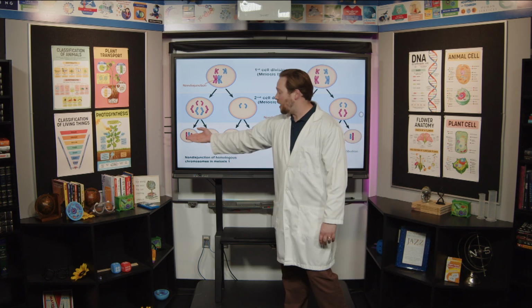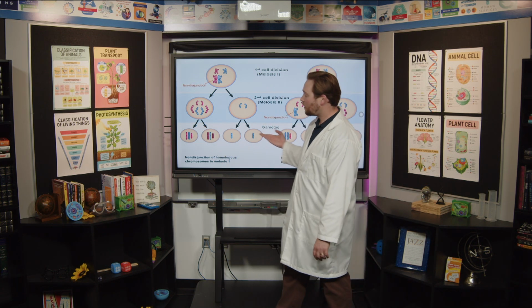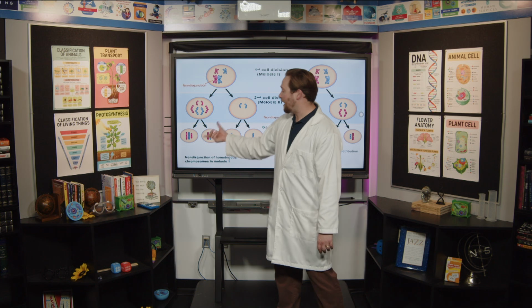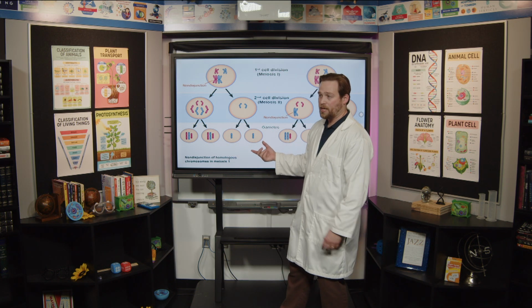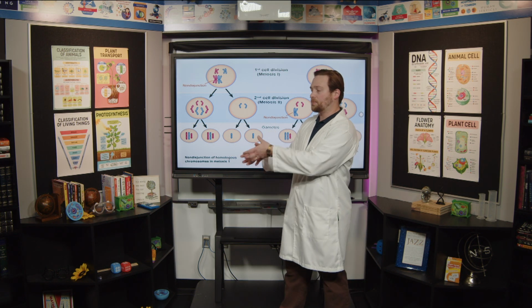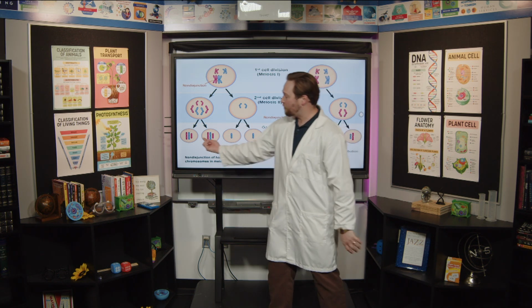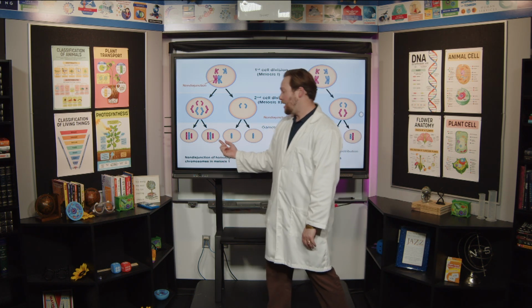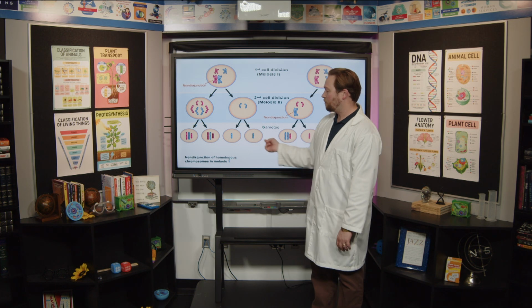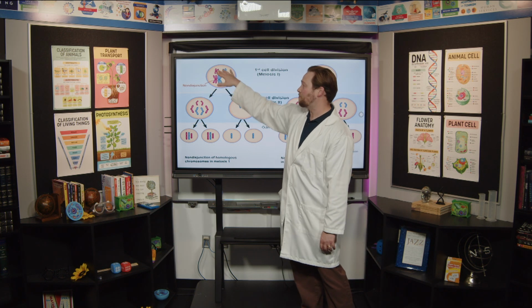And when we end up at the end of this whole process, we've got cells with the wrong number of chromosomes. This could be the reason why somebody has too few or too many chromosomes. If you get one of these, you're going to have too many. If you get one of these, you're going to have too few, because the nondisjunction made it so they didn't separate properly.